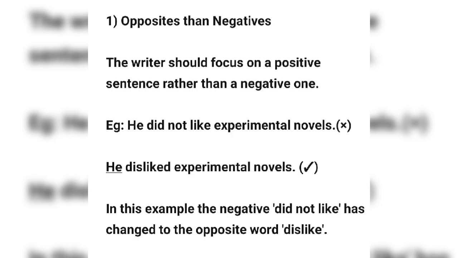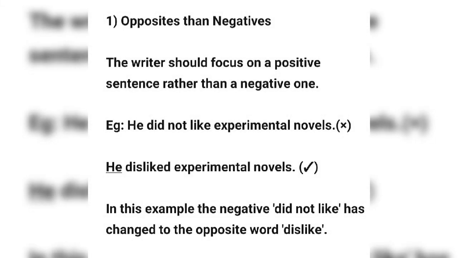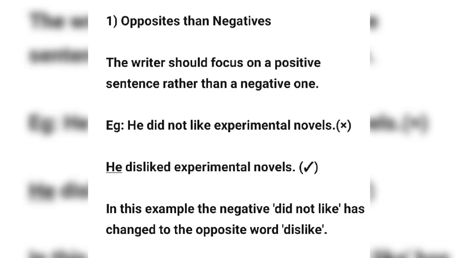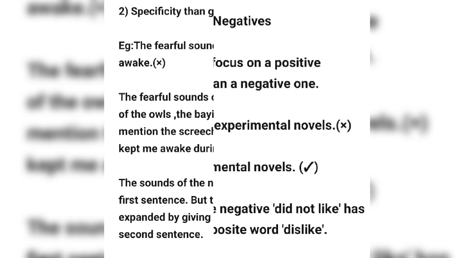In this example, the negative word, that is, did not like, has changed to the opposite word, dislike. The first sentence is a negative sentence, and the second sentence is a positive one. A good writer should use positive sentences in his writing.